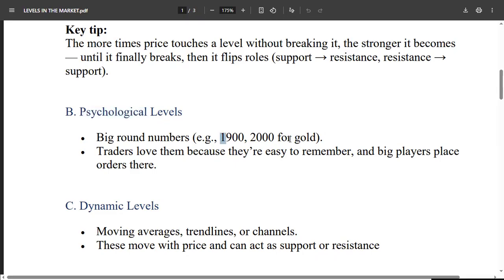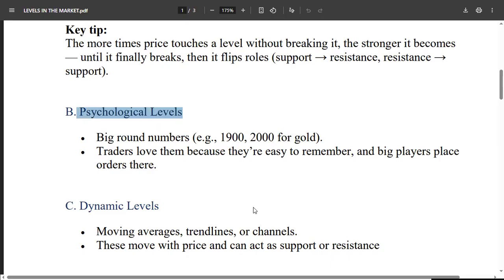These numbers may give information about where most of the orders are at a certain price. Buyers or sellers are placing orders at a certain point, so those can be termed as levels.